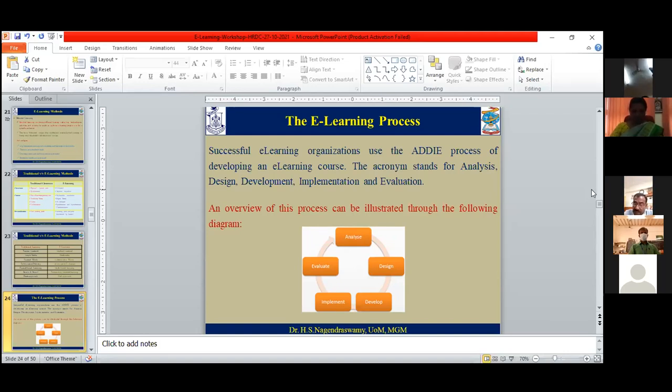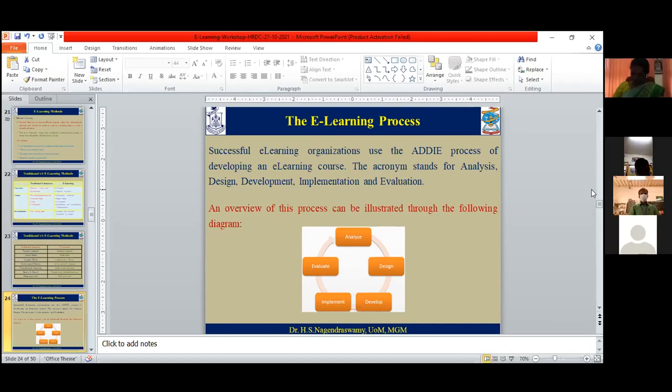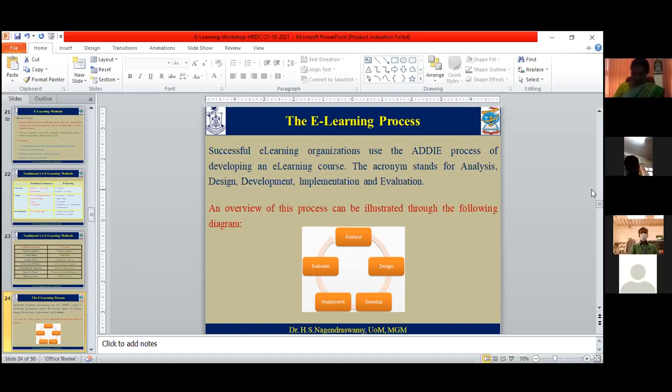So here the first is the analysis. If you want to offer a course on mathematics, or on economics, on particular topics like GST, etc., you should know the target audience to whom you are offering the course, whether you are offering a course for an undergraduate program or a postgraduate program, or for a research program, or for a 10+2 level.